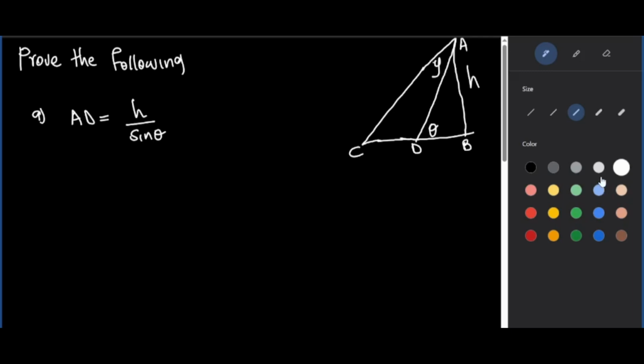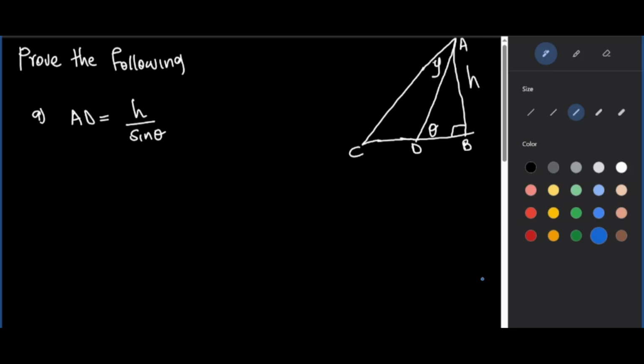Prove the 90 degrees. I'm saying that you must prove that triangle ADB is a right triangle. Nope. It's like they are telling you to calculate AD.